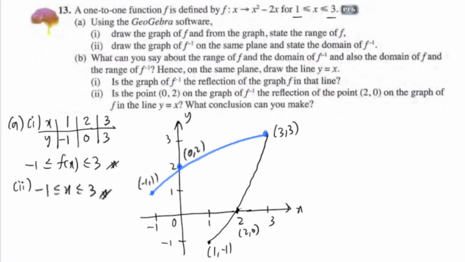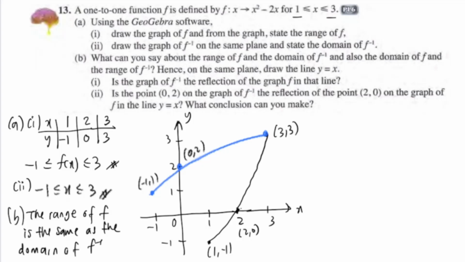Now, what can you say about the range of f and the domain of f inverse? We can say that the range of f(x) is the same as the domain of f inverse.